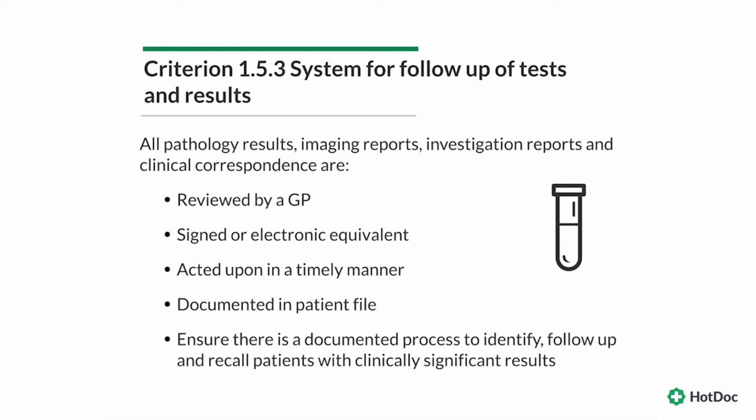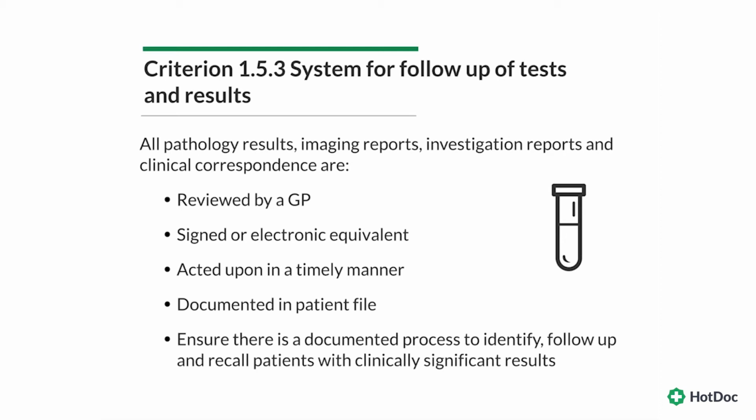Things should be checked daily, at worst every second day, because we don't know what results are going to be there that need to be acted on urgently. And things need to be documented in the patient file, and the process we follow for all of this is documented in our policy and procedure manual.